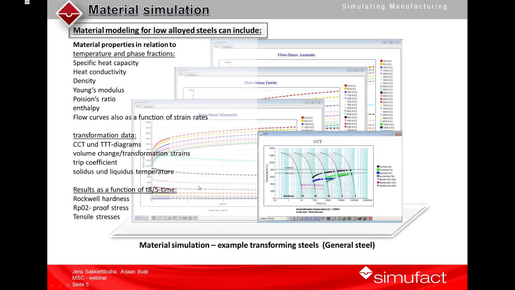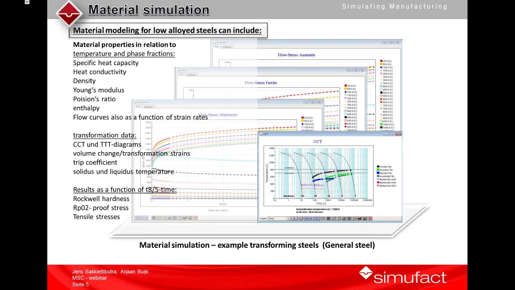This is important, or this is necessary, because we have to take into account a lot of dependencies. One key to a good welding simulation are the material properties, and we have to consider the temperature, and also, if we have steels, especially for the common construction steel, it's important. We have to consider the phase dependency. We can also include effects resulting from phase transformation, the transformation strains.